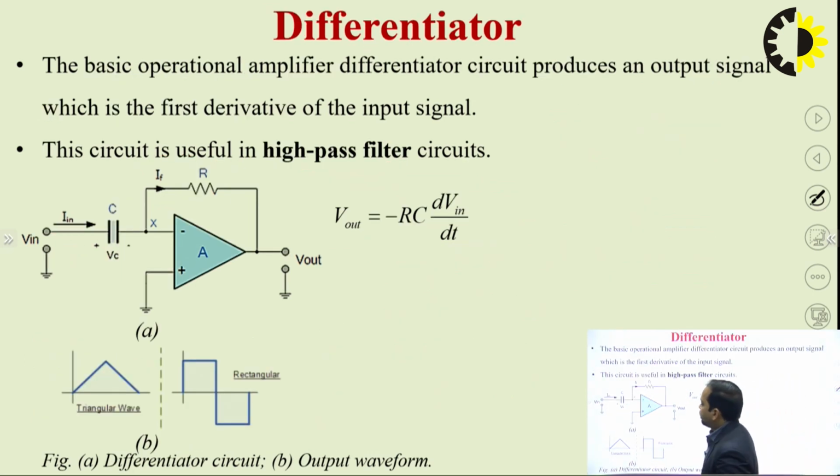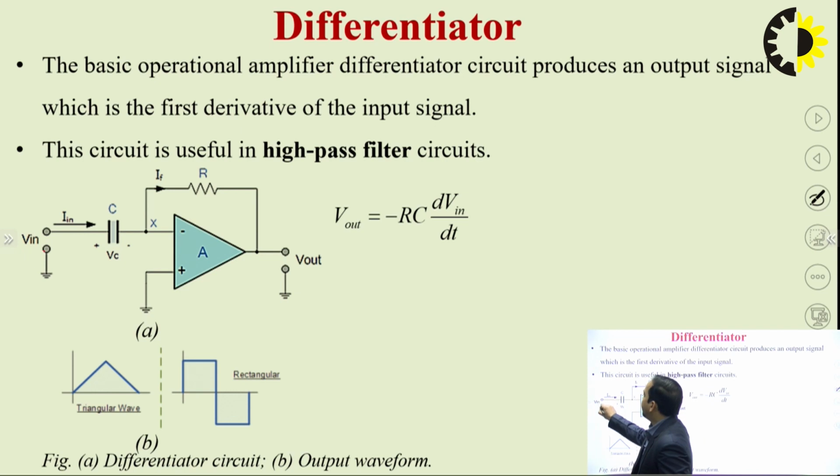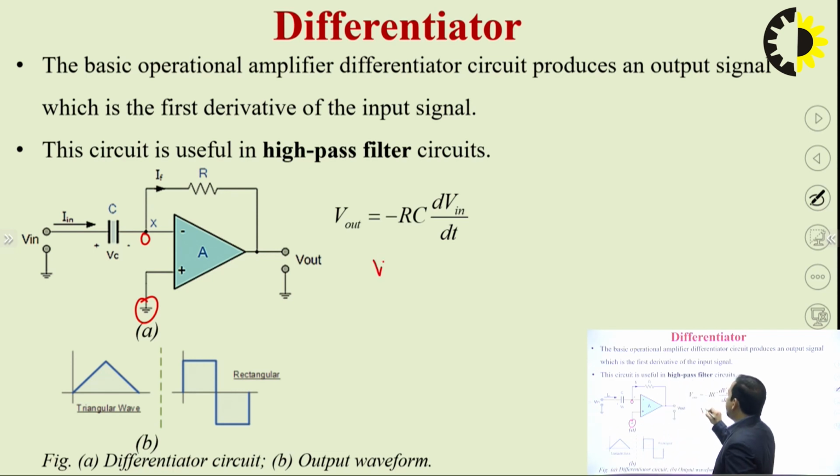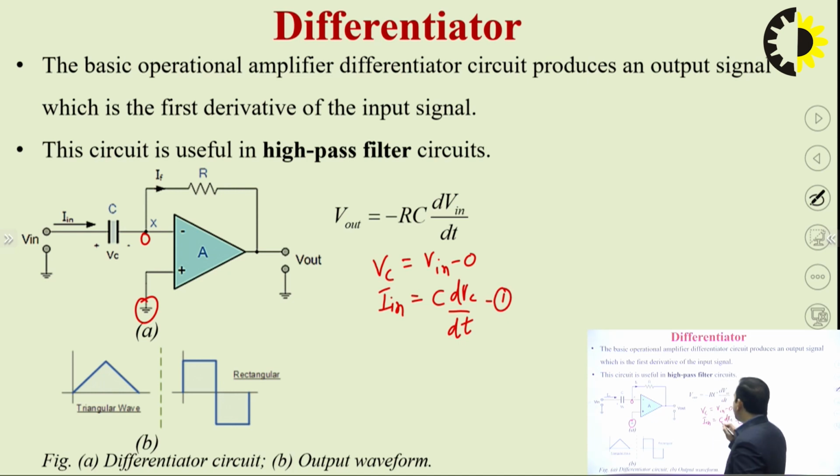Now this voltage is V in, and due to virtual ground, the voltage at the other end is 0. So Vc, the voltage across the capacitor, equals V in minus 0, and I input, the current through the capacitor, is C dVc by dt. Also Vc is equal to V input.